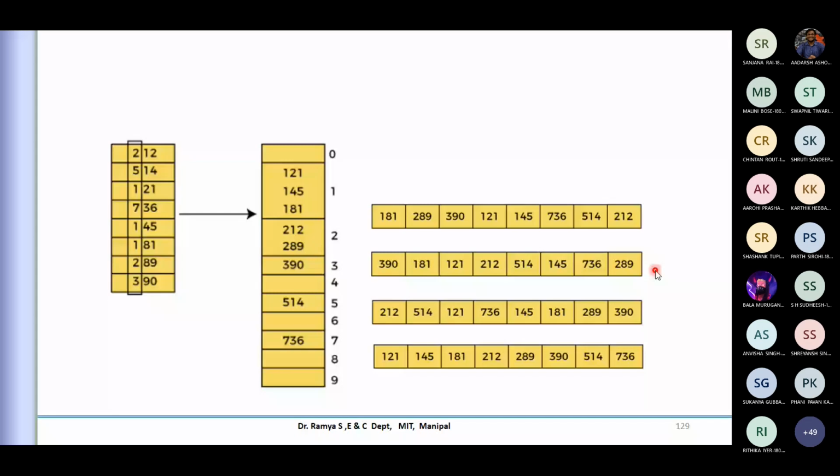That is why the name comes out to be radix sort. The sorting depends on the base system in which you represent that number.